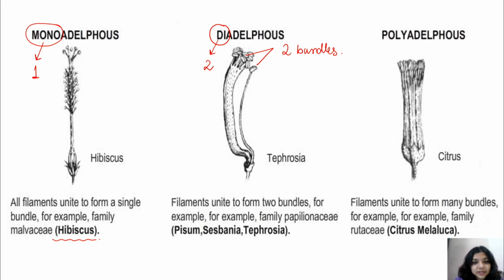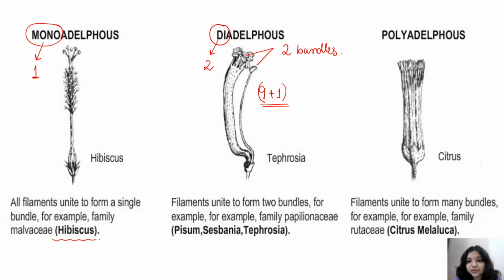That is, filaments unite to form two bundles. So this is an example where you can see that in one bundle you have 9 filaments together, 9 stamens together, and in the other bundle you just have one stamen alone. So this is just an example. Such things can be found in pea plants, sesbania, etc.